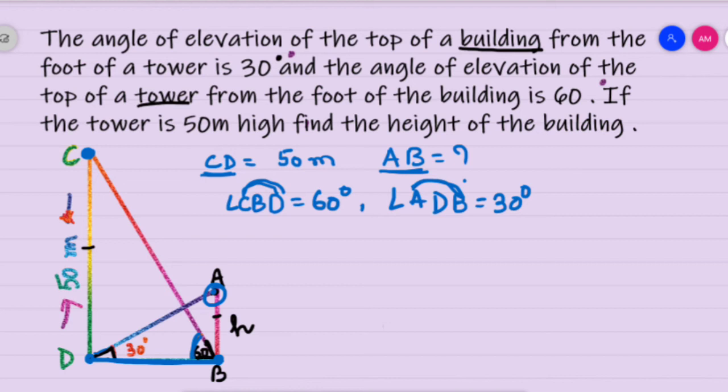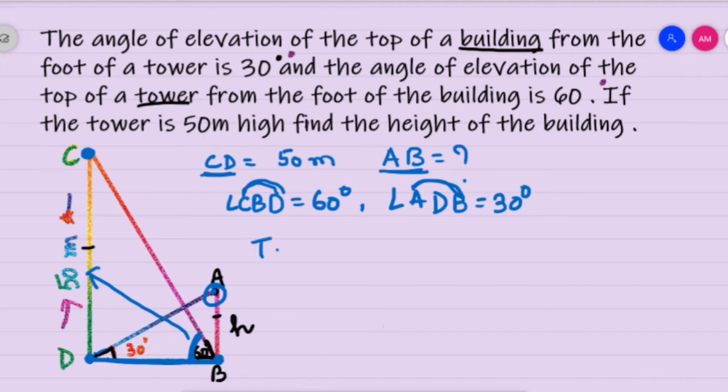So now we will start with tan, because we know the opposite side: 50 meters lies in front of the 60 degree angle, and BD is your common side. Let us take tan, because in tan, one side, CD, is known to you and the other side, BD, we should take. That will make our problem easy.